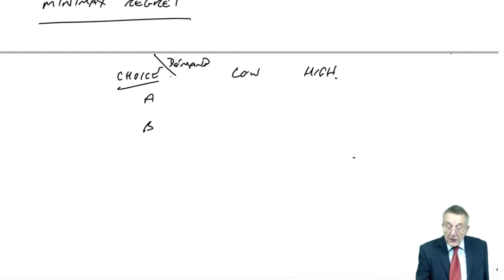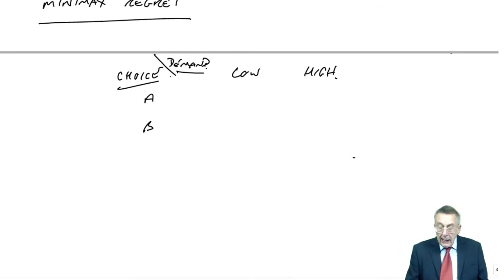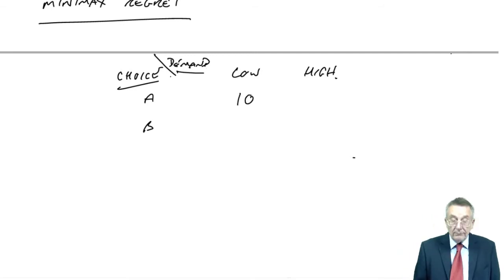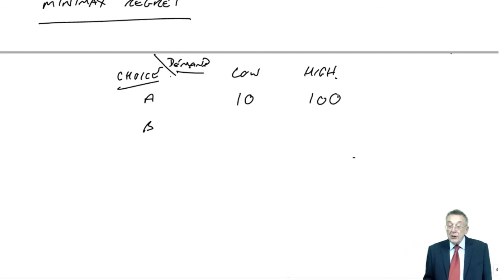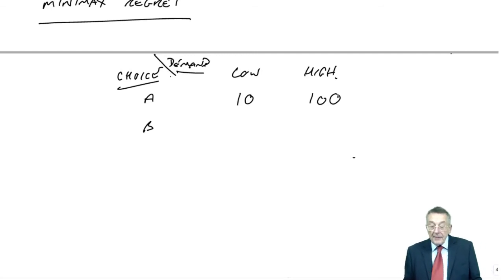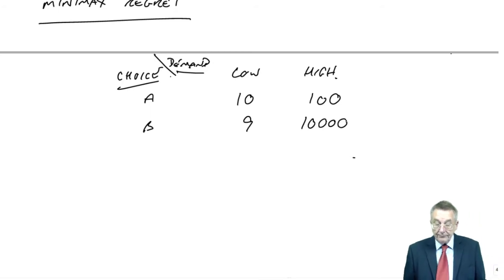And if we choose choice A, we'll either get 10 or we'll get 100. Whereas if we go for choice B, we'll either get 9 or we'll get 10,000.